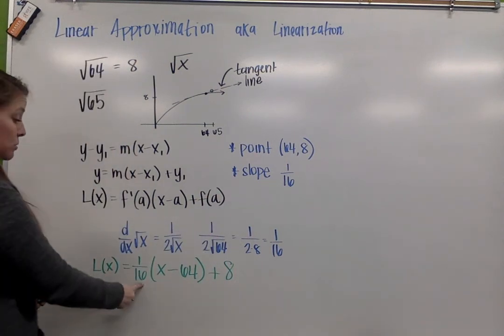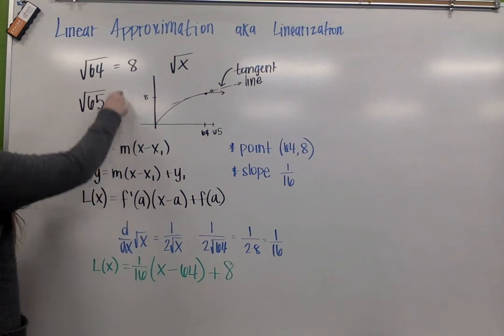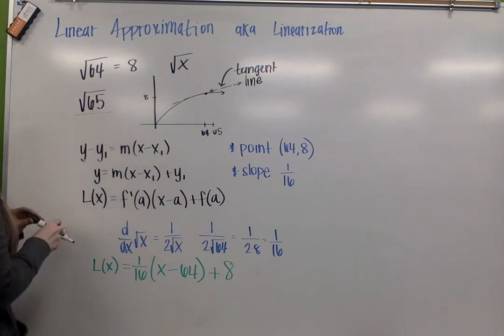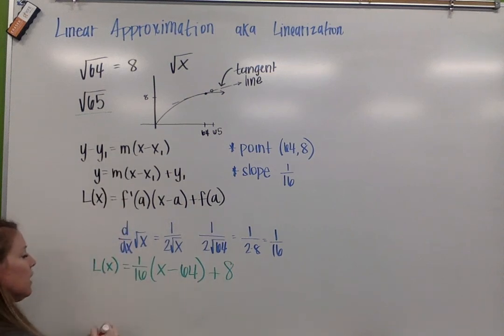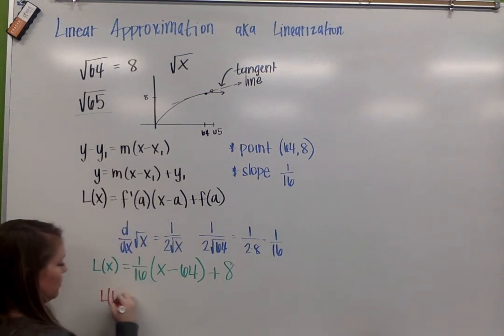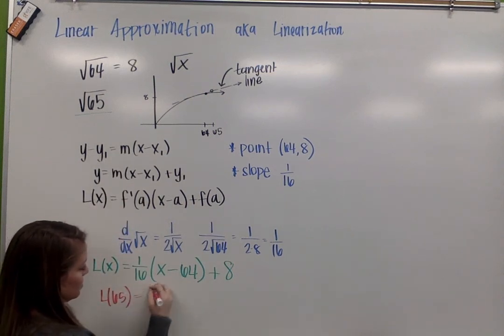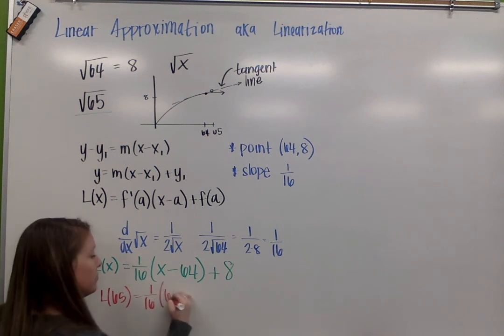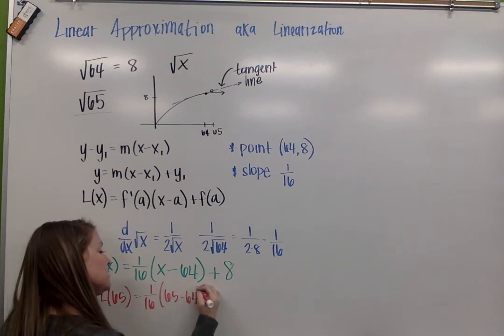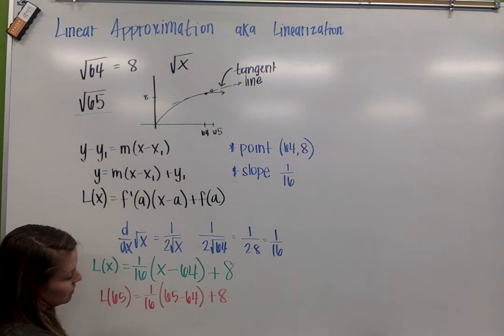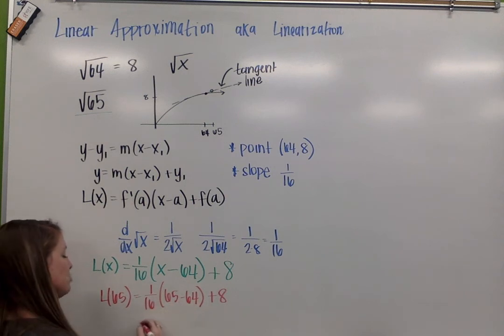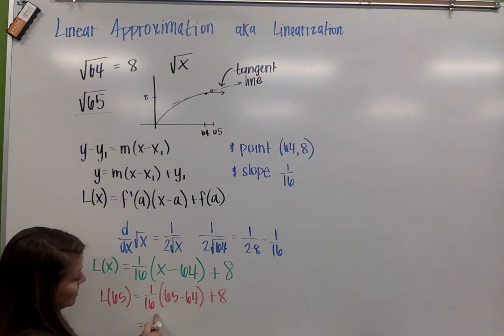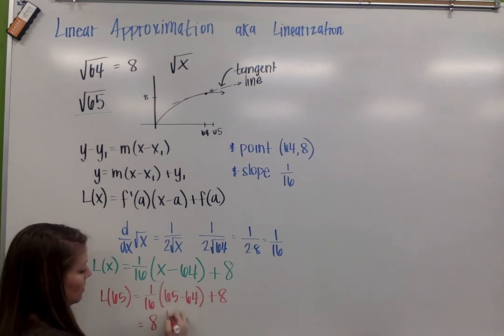And now I'm going to use my line to estimate the value of the square root of 65. So here, I'm going to plug in my 65. So that's 1 over 16 times 65 minus 64, plus 8. 65 minus 64 is 1, times 1/16 is 1/16, plus 8 is 8 and 1/16.